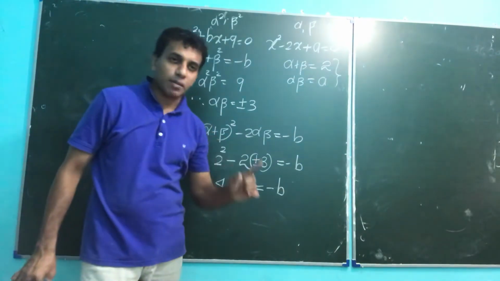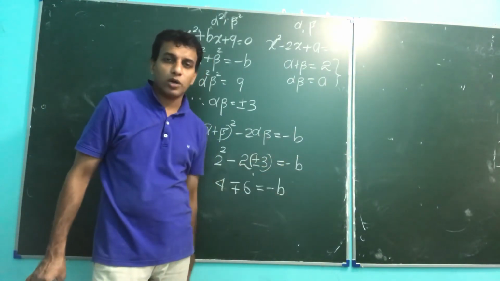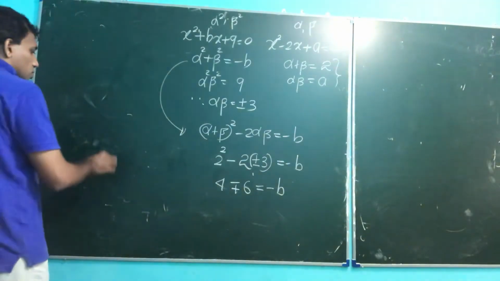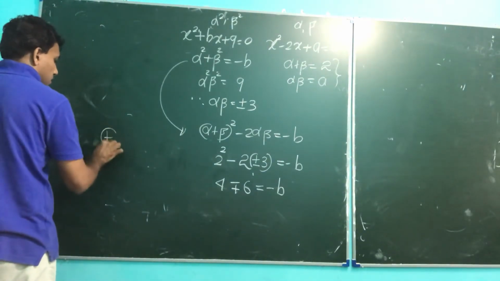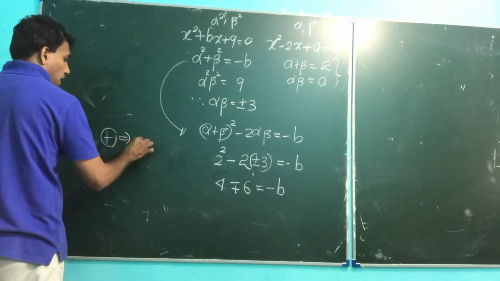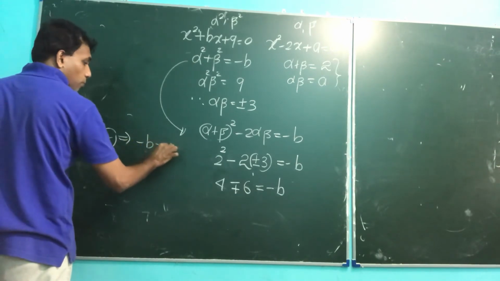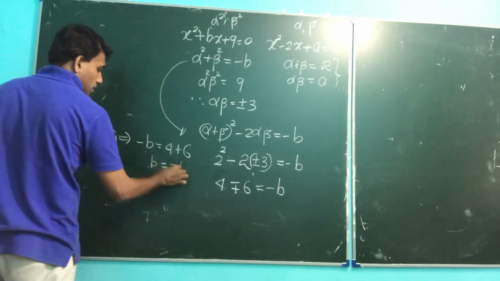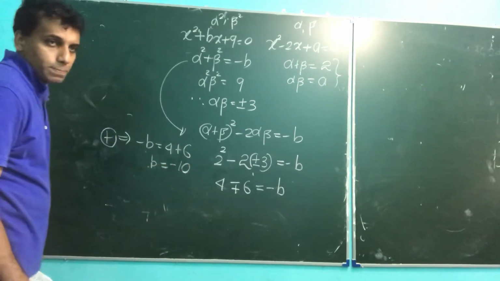Take the plus symbol, it gives one B value. Take the minus symbol, it gives the other B value. If you take the plus symbol, minus b equals 4 plus 6, therefore b is minus 10.